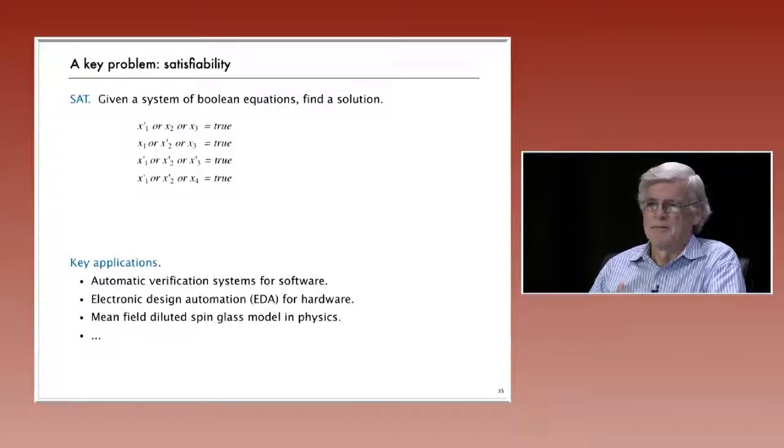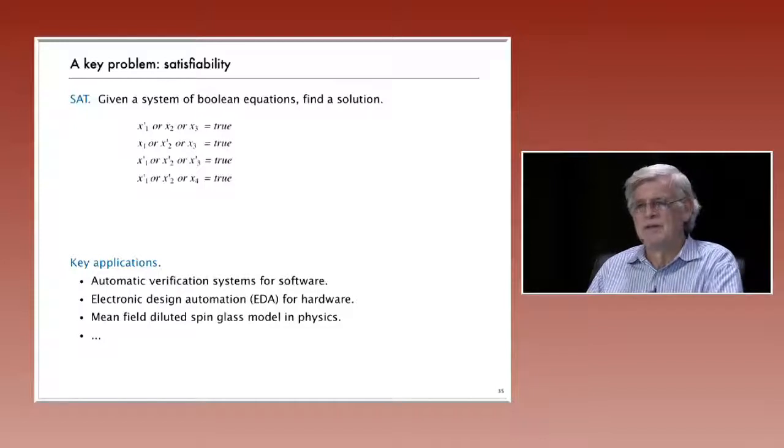It comes up, and people solve and face huge satisfiability problems in trying to prove whether software works correctly, to verify that software works correctly. Also hardware, for design and automation. People model what's going on with huge satisfiability problems and solve them.